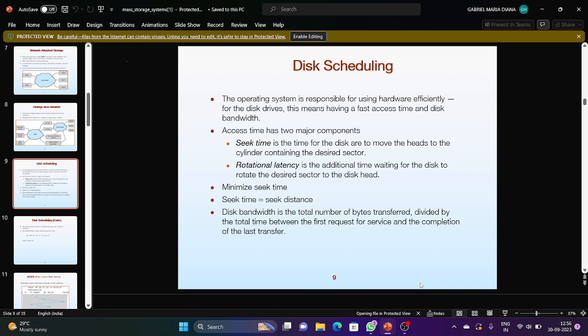So here the operating system is responsible for using hardware efficiently for the disk drives. This means having a fast access time and disk bandwidth. What it is telling is that the user accesses the data from the secondary storage.